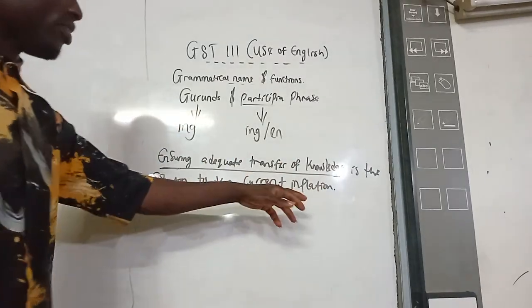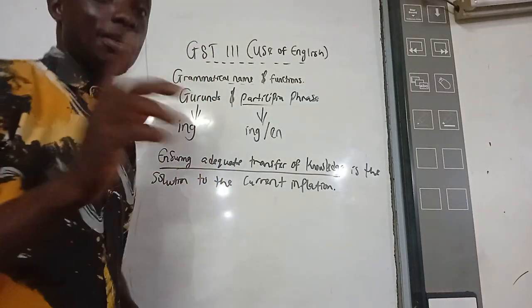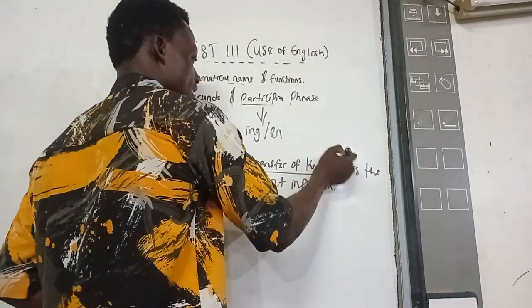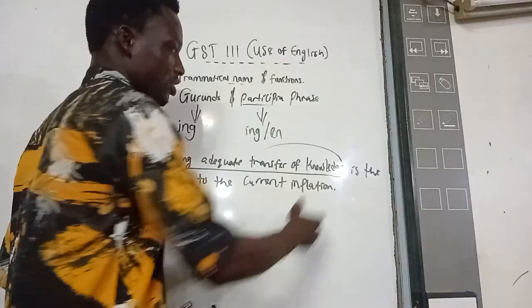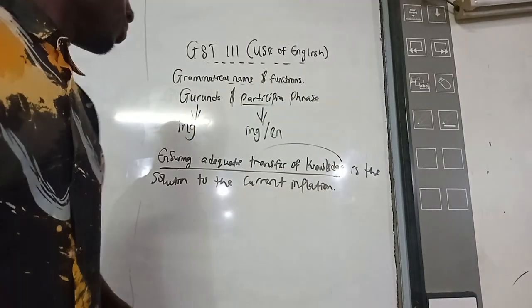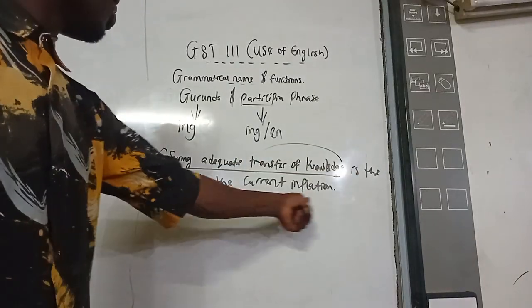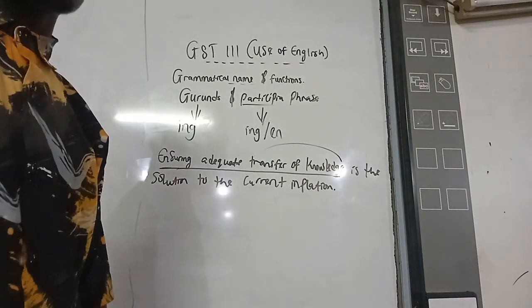But to be perfect, there is no comma, it starts with ing, and at the same time, if you remove this underlined aspect, the remaining part does not make sense. If I told you, is the solution to the current inflation, does it make sense?